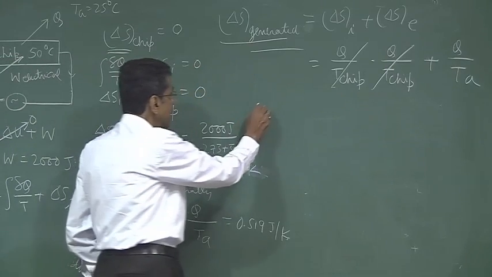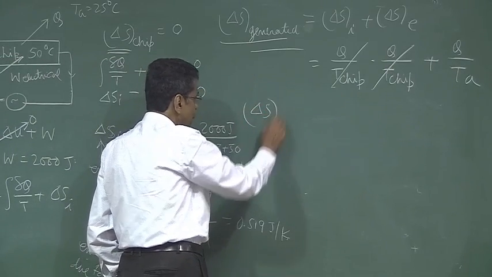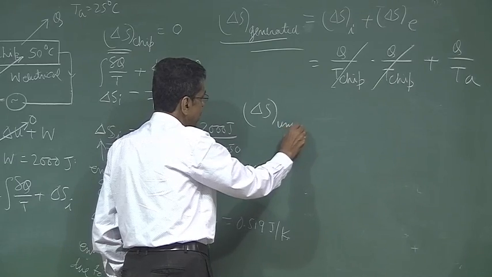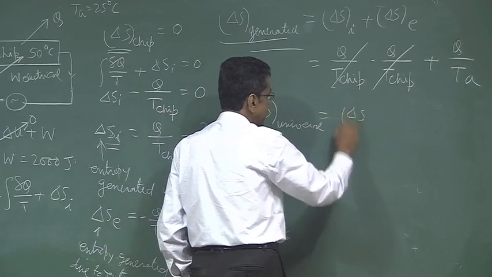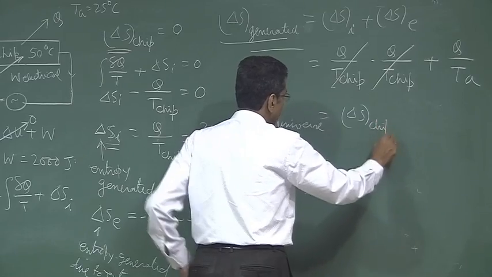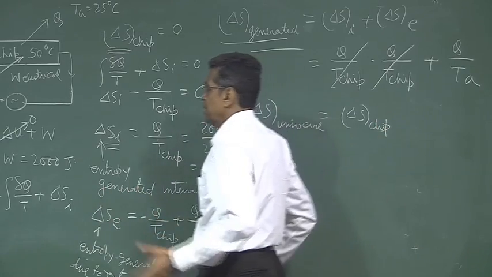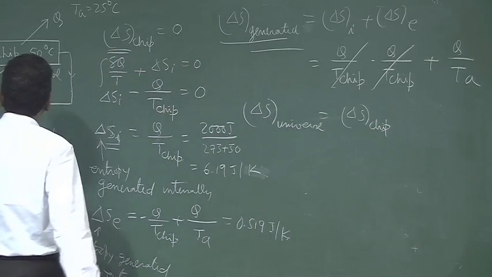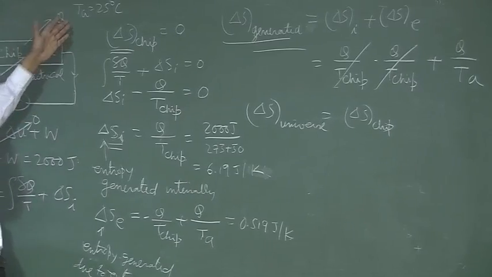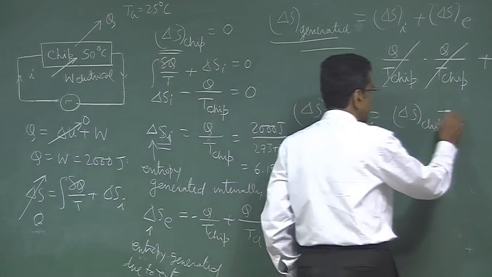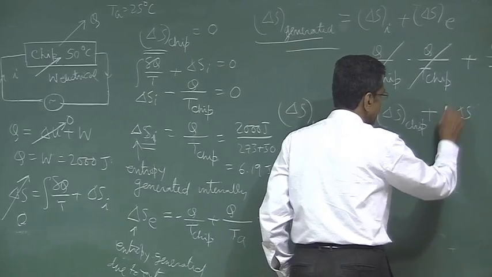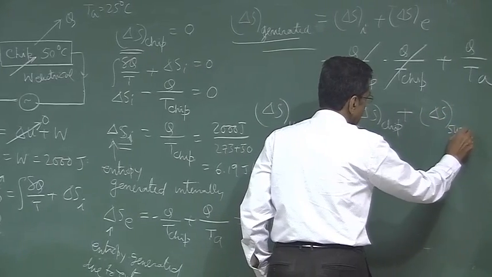Now from another point of view, if I write delta S universe, that is delta S chip plus delta S surroundings, without the concept of entropy generation internally and externally, I just find the entropy change of the universe. The entropy change of the universe is the entropy change of the system, which is the chip, plus the entropy change of the surroundings.